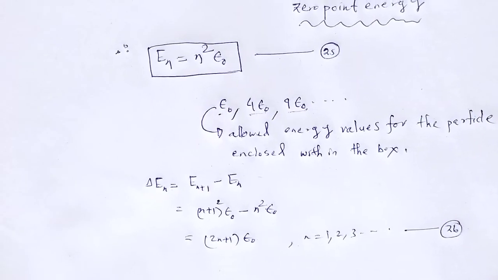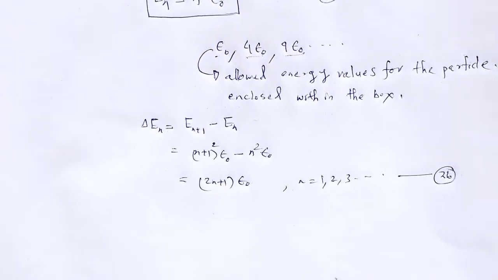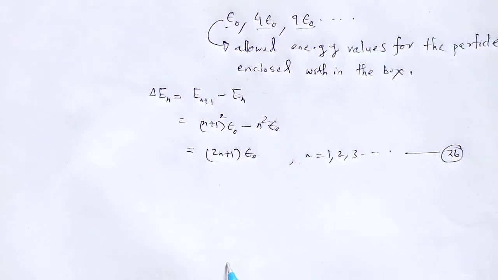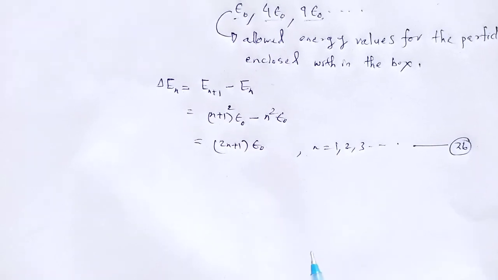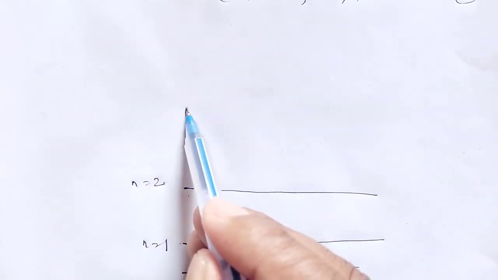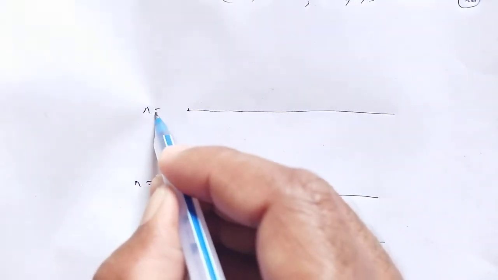Therefore, the energy levels are shown diagrammatically in this way. We show the energy level diagram. This is n is equal to 1, then n is equal to 2, and then n is equal to 3.